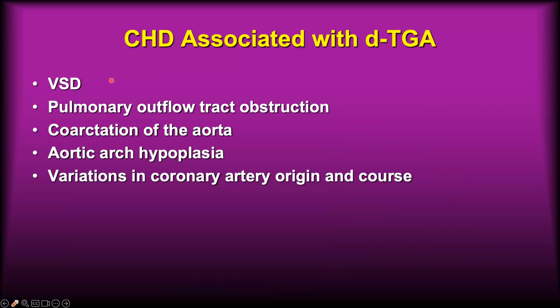All right, so there are some defects associated with this. VSD, that's helpful, because that's a connection. Pulmonary outflow tract obstruction can be occurring. Coarctation, we said that's narrowing of the aorta. Aortic arch hypoplasia, so it's kind of underdeveloped. And then you can have some coronary artery anomalies.